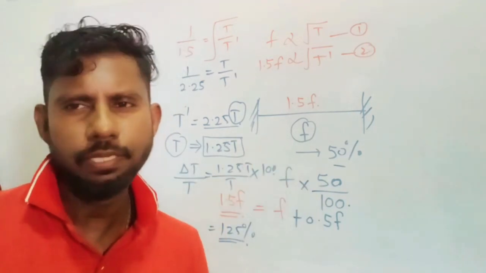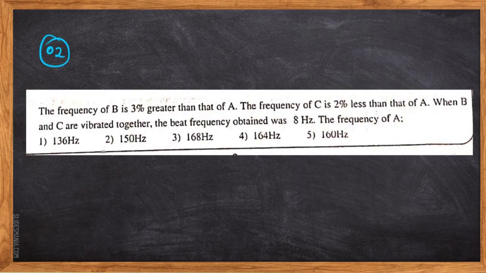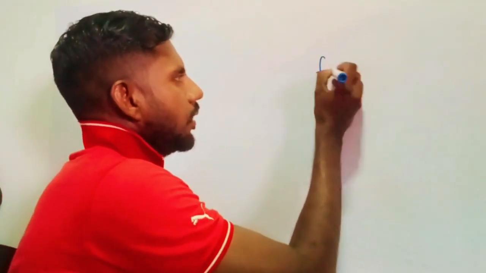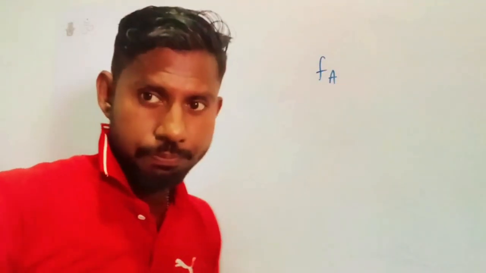This is quite a bit easy question. Let's read the question now. The frequency of B is 3% greater than that of A. The frequency of C is 2% less than that of A. When B and C are vibrated together, the beat frequency obtained is 8. Find it as a percentage of the frequency of A. So let's say frequency of A is FA, right?